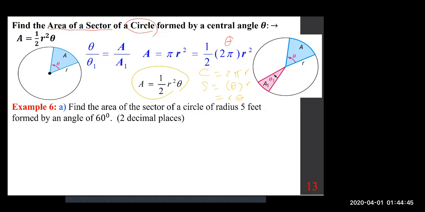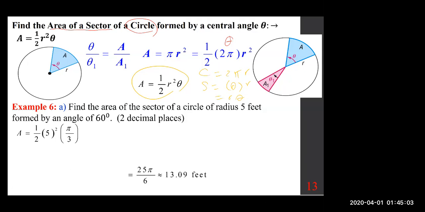So can we use 60 just the way it is, class? Can we use 60 just the way it is? No, you have to convert it to radians. And we all know by now, I believe, that it's pi over 3. We can easily calculate it. And the answer, of course, is in feet, because the radius was in feet.